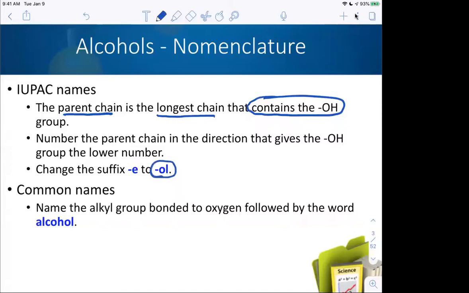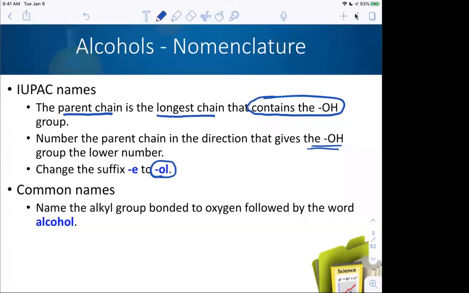So we're going to number this in order to give the OH group the lowest number, period. It doesn't matter how many other substituents are in the structure or anything like that. I'm going to number the parent chain that contains the alcohol functional group to give the carbon that bears the OH the lowest number.